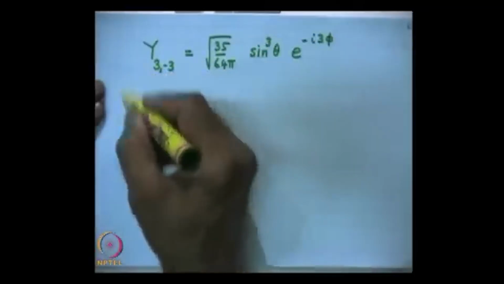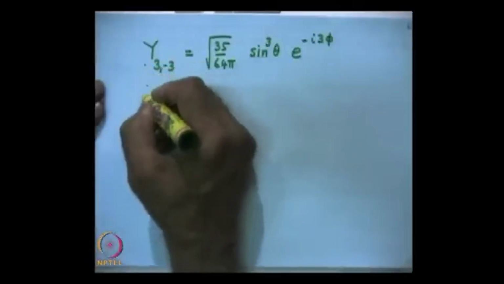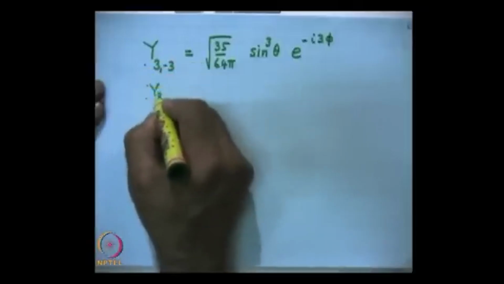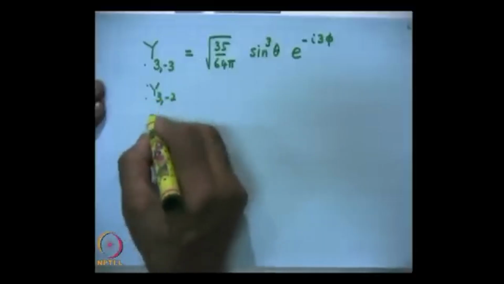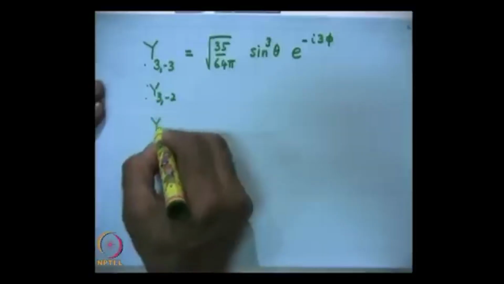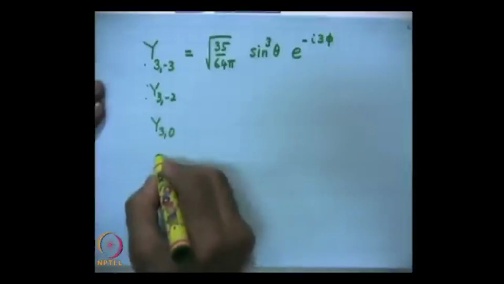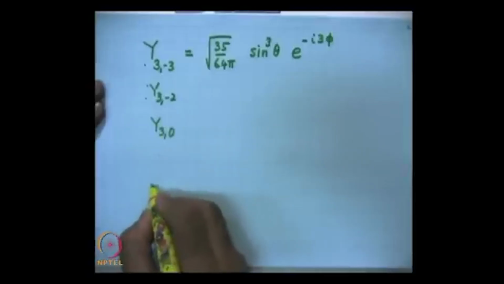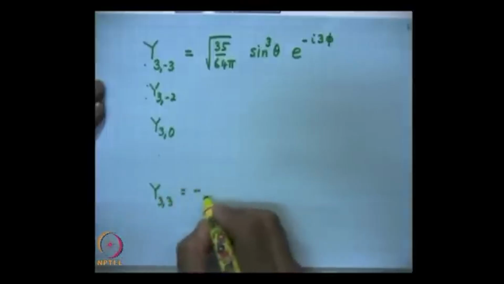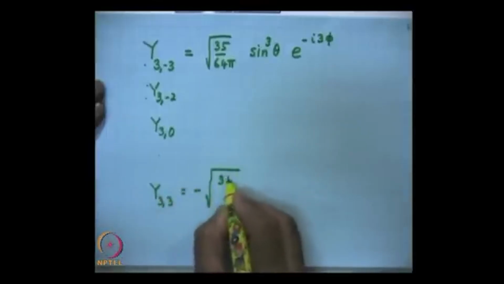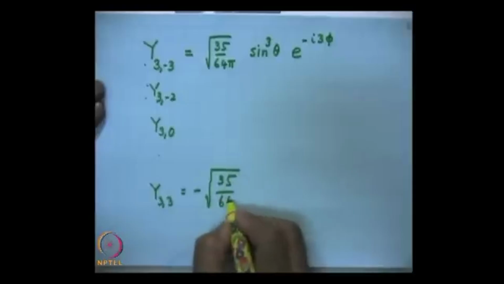You keep on operating the ladder operators, you get Y3,-2, and these expressions are given in any textbook, Y3,-1 and then Y3,0, and then Y3,1, Y3,2, Y3,3. So, if you get Y3,3 from here, you will get a minus sign here, 35 by 64 pi.